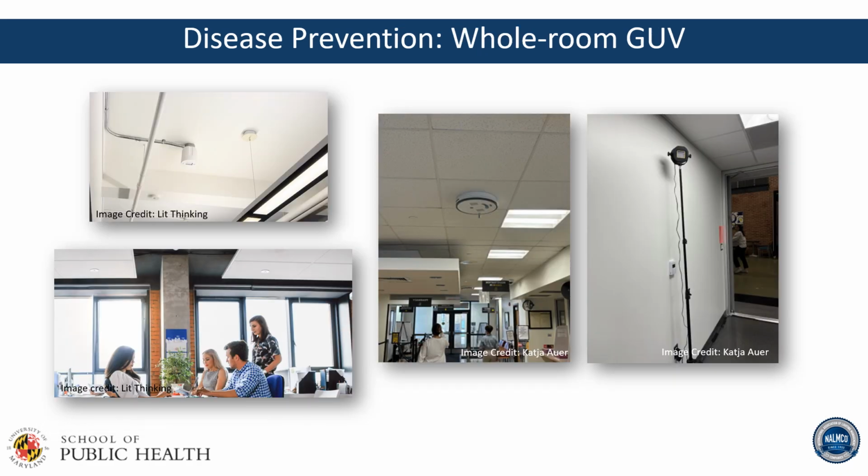In this image, you can see what we call whole room GUV fixtures. So these GUV fixtures treat, so to speak, the whole room. They can be installed on ceilings, they can be mounted on tripods. So depending on the type of fixture, you can find them in different configurations and mountings.